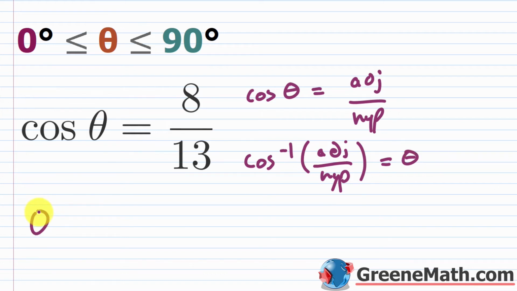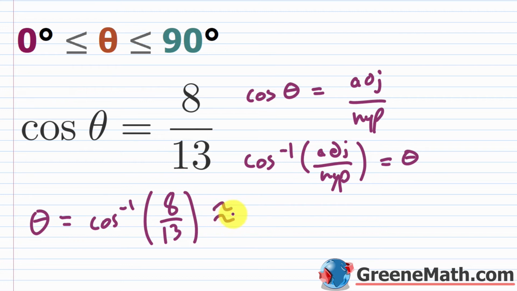So in this case, I can say theta is equal to your inverse cosine of this 8 over 13. That's your adjacent over your hypotenuse. So this is approximately 52.02012756. That's where my calculator stops.